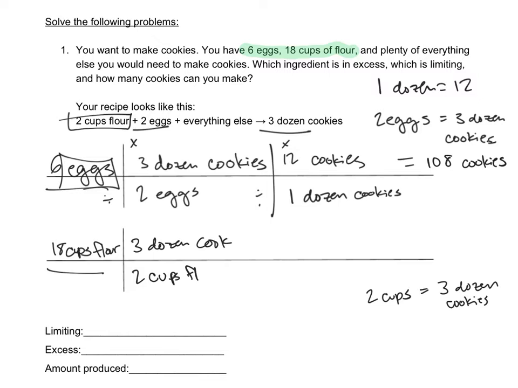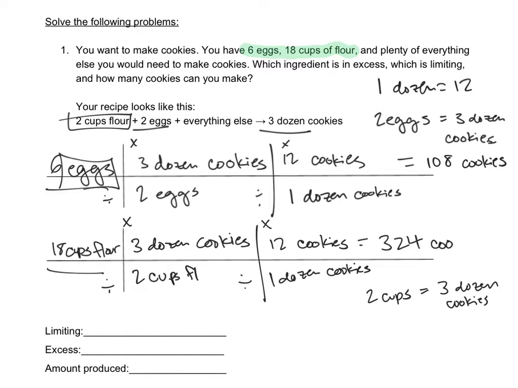And we can change once again into regular cookies: 1 dozen cookies equals 12 cookies. So now we are in cookies instead of flour. Multiply on the top, divide on the bottom. This one will get you 324 cookies, which is a dang lot of cookies.